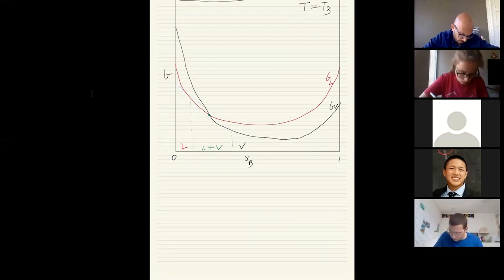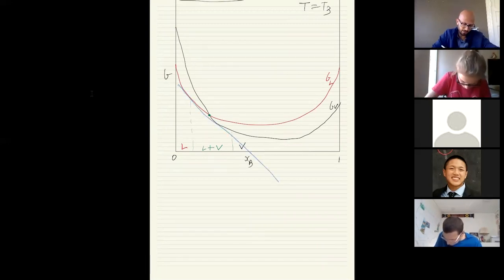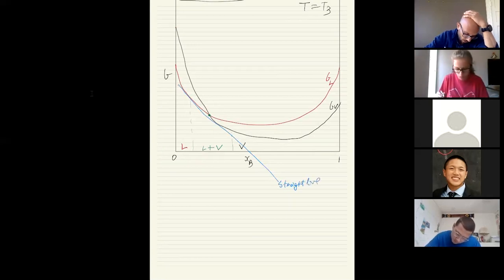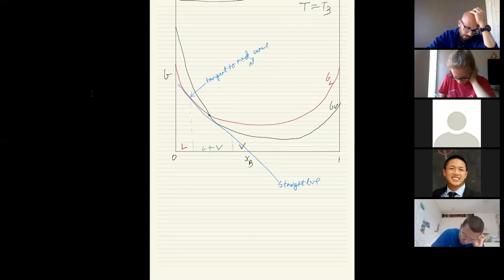Let's see if I can draw it right. It's supposed to be a straight line, okay? So this is a straight line, which is tangent to the red curve at XL, okay?